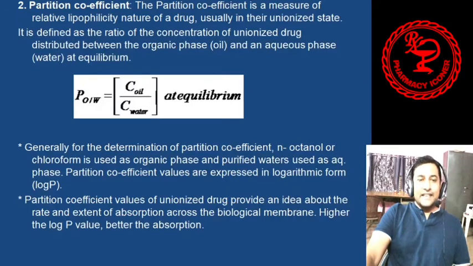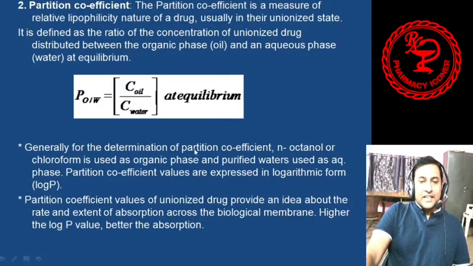It is defined as the ratio of concentration of unionized drug distributed between the organic phase or oil and an aqueous phase or water at equilibrium. So, the equation for partition coefficient is P equal to concentration of drug in oil by concentration of drug in water at equilibrium.